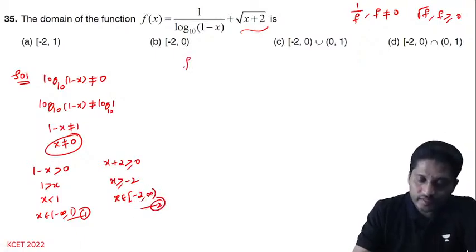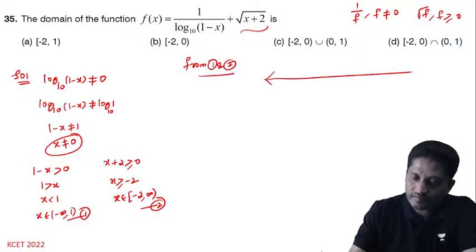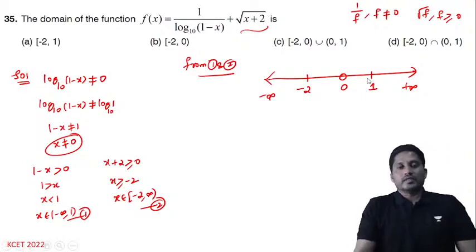Now from equations 1 and 2, if I take minus infinity to plus infinity, fix the roots in increasing order. First you get minus 2, then in between 0, and then you get 1. It cannot be 0, that's why I kept an open circle.